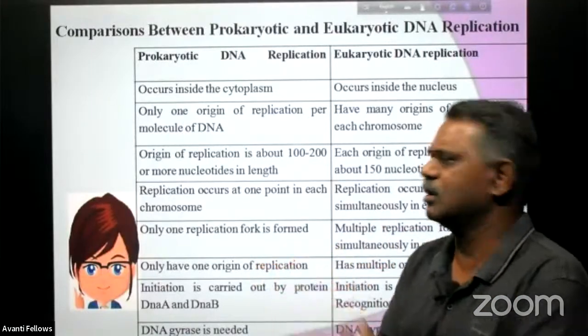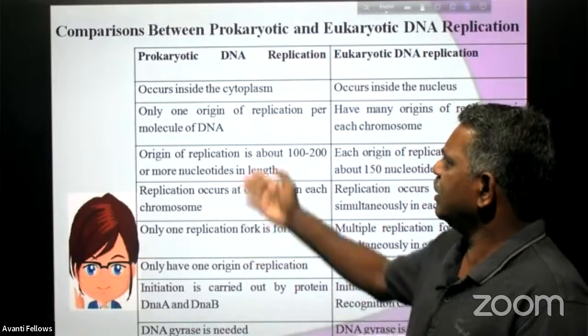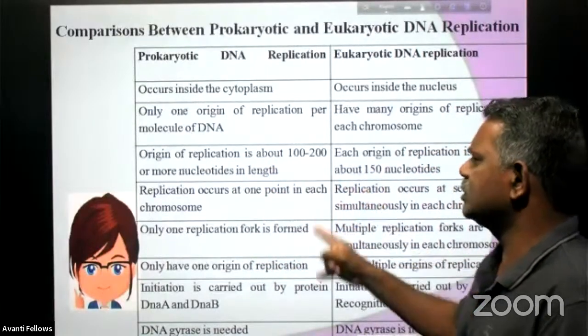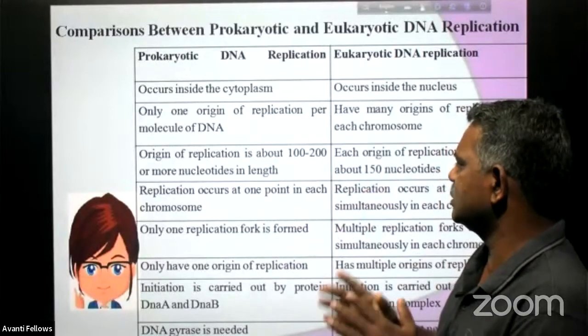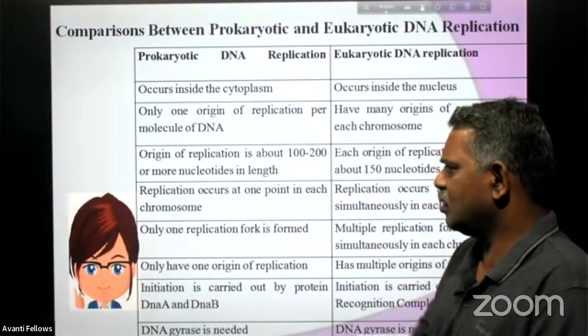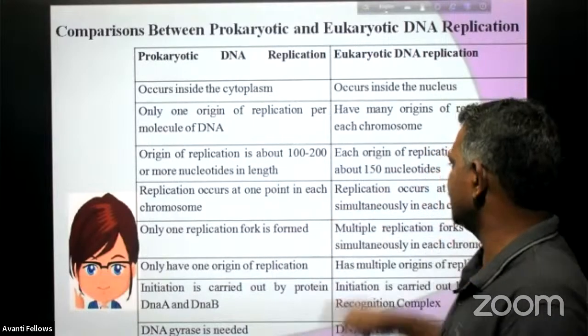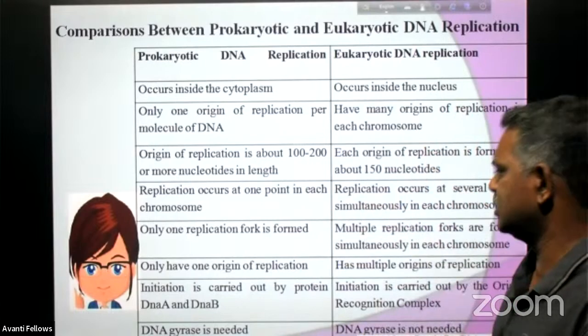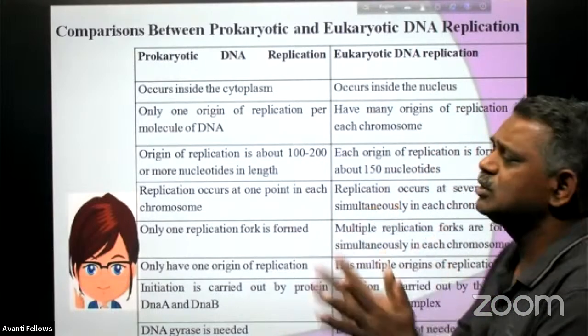Comparatively, it is smaller. In prokaryotes, replication occurs at one point in each chromosome, that is, only one ori. Whereas in eukaryotes, replication occurs at several points simultaneously in each chromosome.